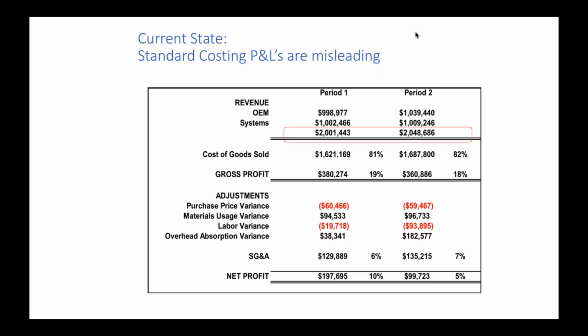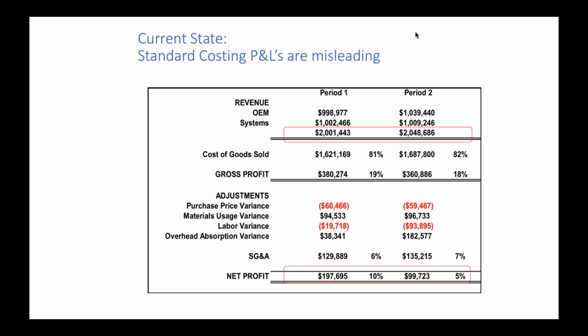If you look at period 2, the revenue was greater than period 1. However, if you look down to the net profit line, the net profit of period 2 is less than the net profit of period 1 by a significant number, almost $100,000.